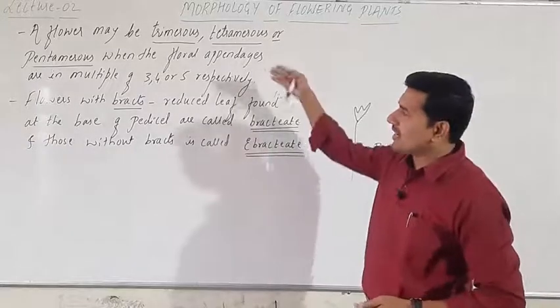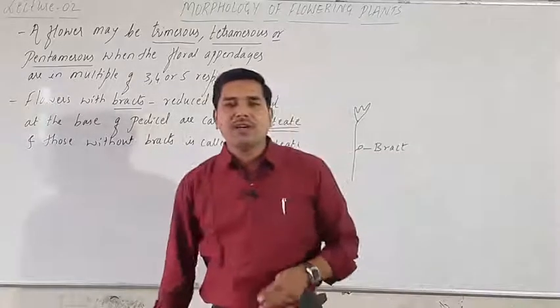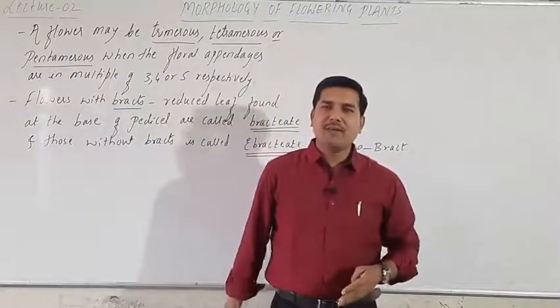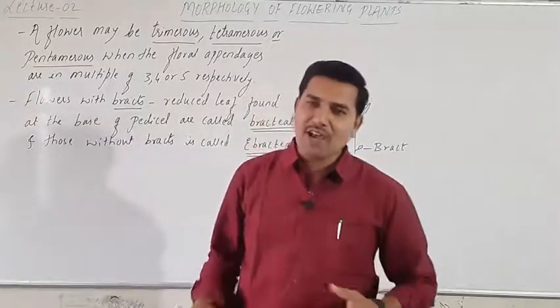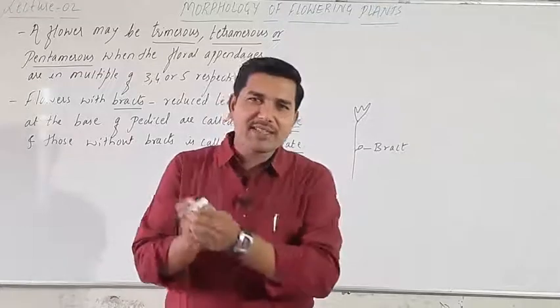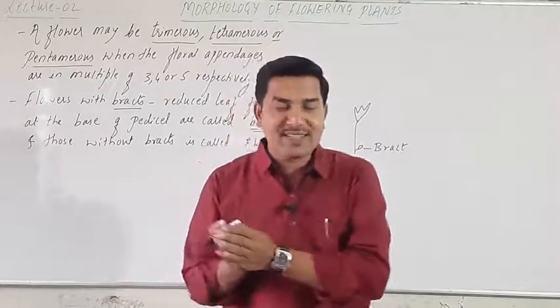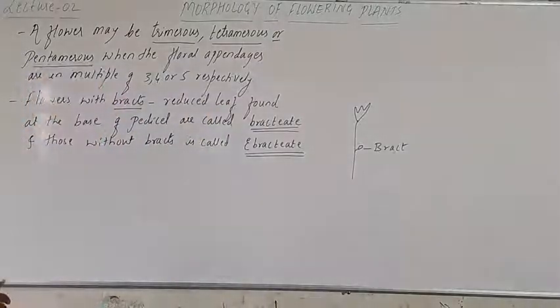Okay. So, this is regarding this part of the flower. Then along with that, we have three more definitions based on the position of floral appendages. The flower may be hypogynous, perigynous and epigynous. So, let us come to these technical terms also. So, we are moving on into the next point.